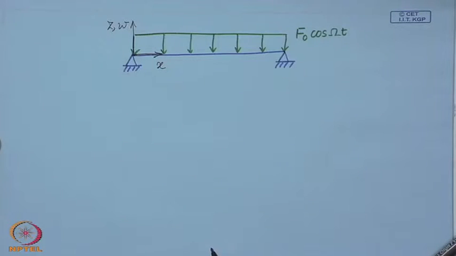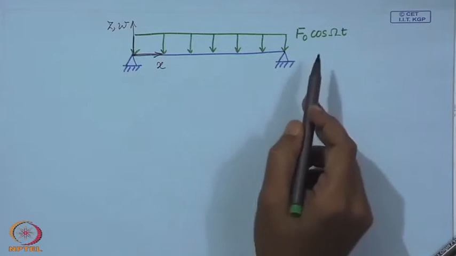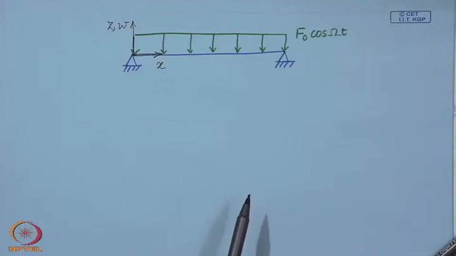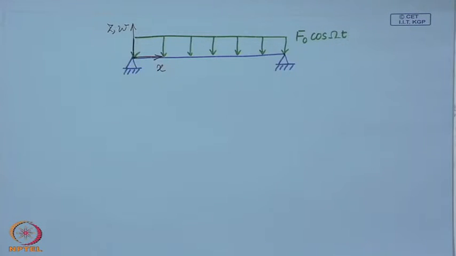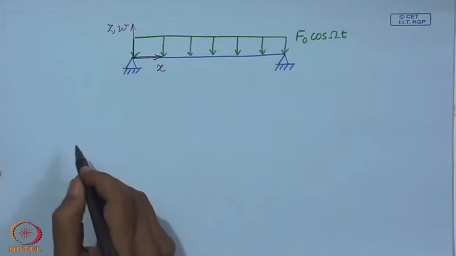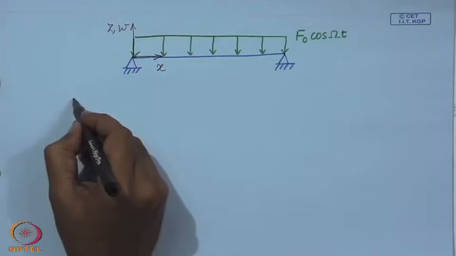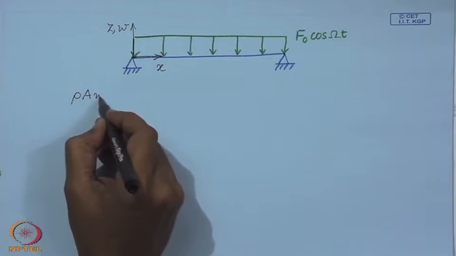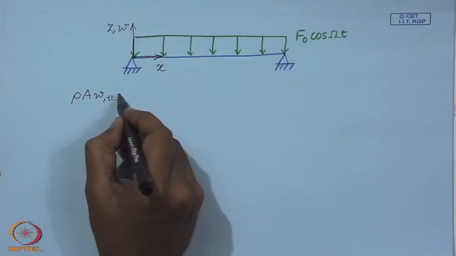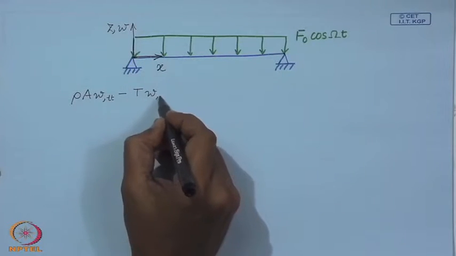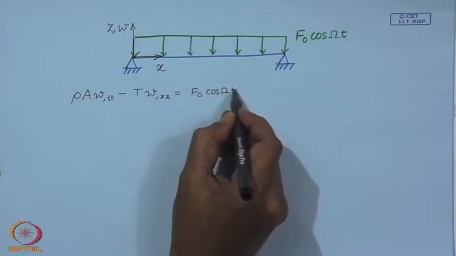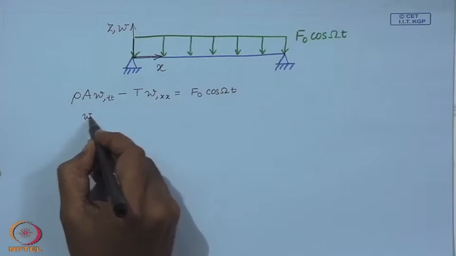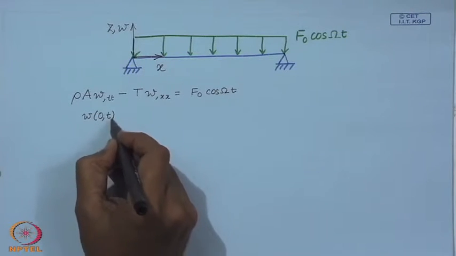We have looked at this example in the previous lecture also. So, let us now solve this same problem using the Green's function method. We have the equation of motion with the boundary conditions.